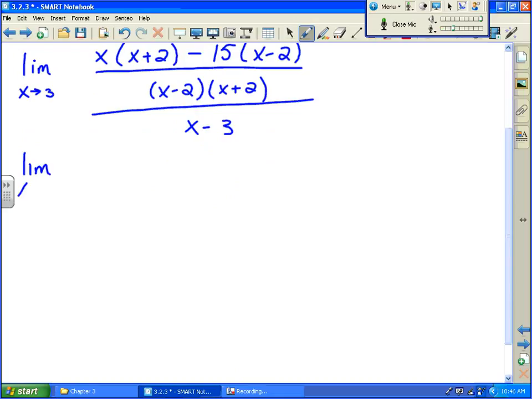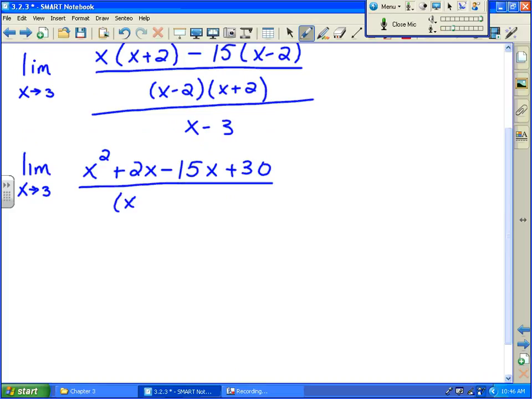Simplify my numerator. So I have x squared plus 2x minus 15x plus 30 all over, again, all over that.